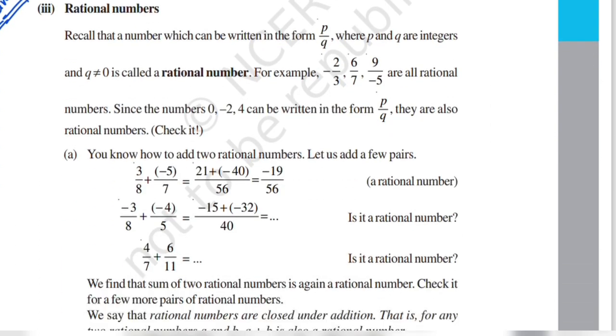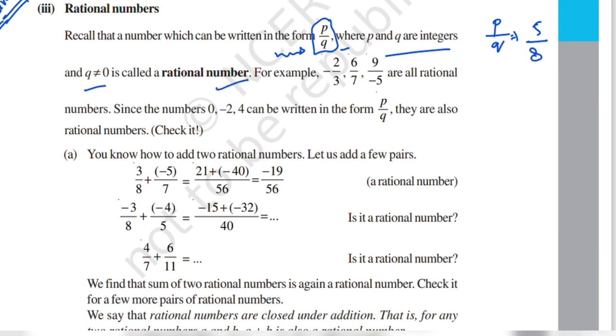Now come on to rational numbers. Let us take the form p by q, where both p and q are integers and q is not equal to 0. That means take two numbers p divided by q, but q should not be 0. So let's take 5 divided by 8. Q is not 0.